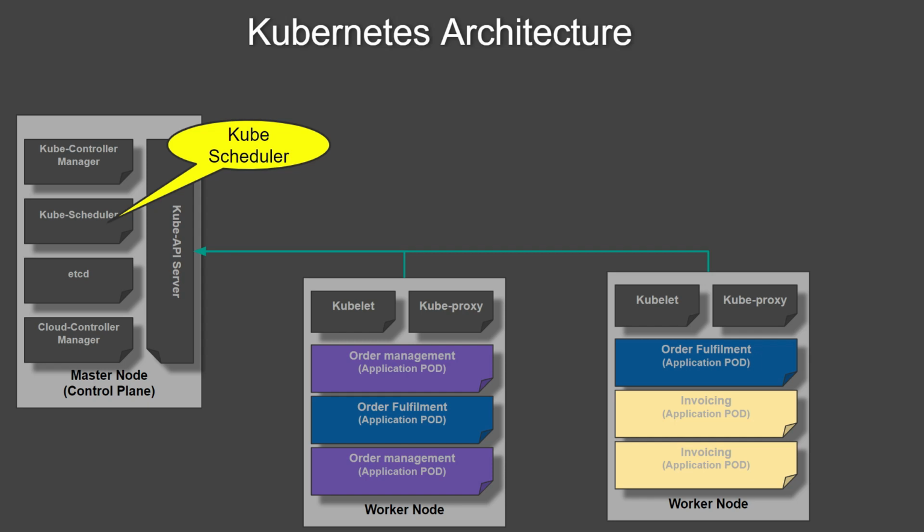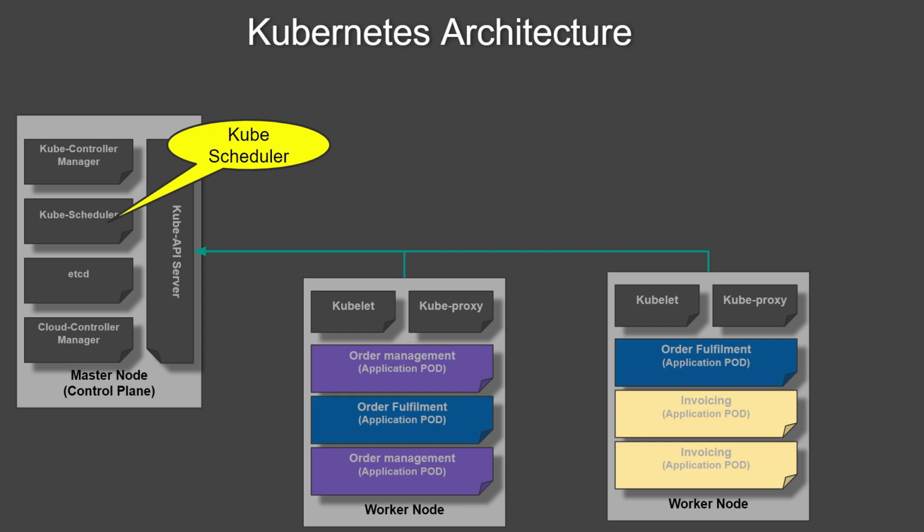So here, when a deployment instruction comes to the Kube API server, Kube API server will create a deployment object. Then the deployment controller will come into picture. Deployment controller will instruct API server to create 3 pods. These pods are not assigned to any worker yet. So it is the responsibility of the kube scheduler to find a specific node for that pod.